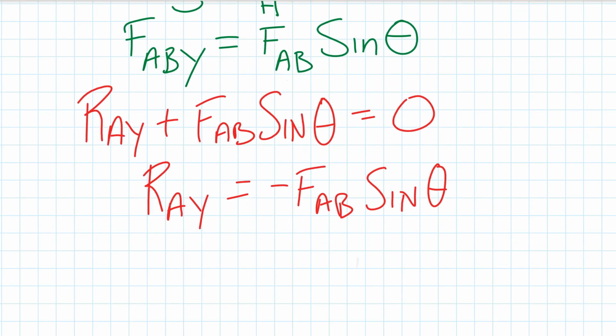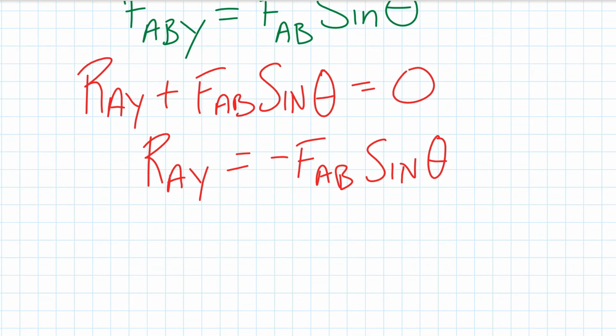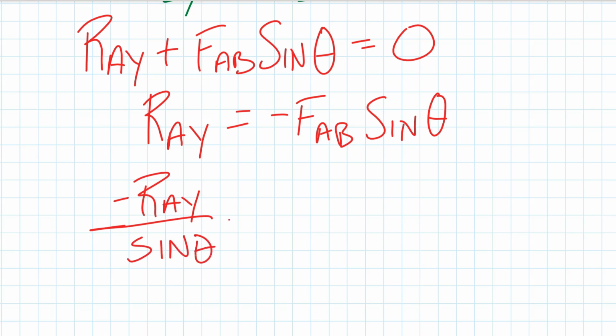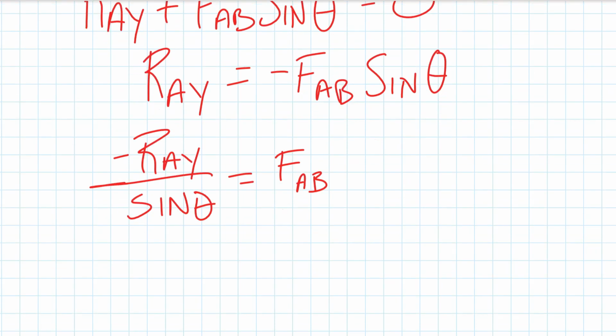Good so far? Now we need to plug in some numbers. We want to get FAB by itself, so we move sine theta to the other side and move the negative to the other side. With a little bit of algebra, we end up with minus RAY over sine theta equals the force on member AB.